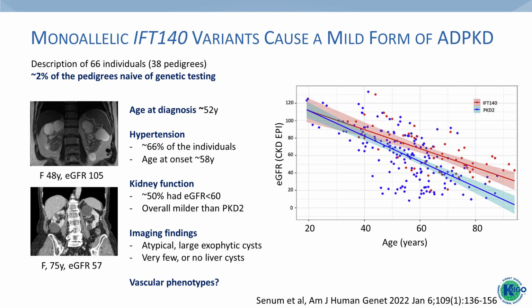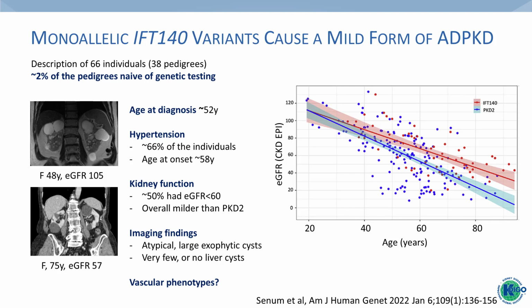And so in this recent paper, 66 individuals from 38 pedigrees harboring monoallelic variants of IFT140 have been described. Interestingly, they represented roughly 2% of the individuals naive of genetic testing.